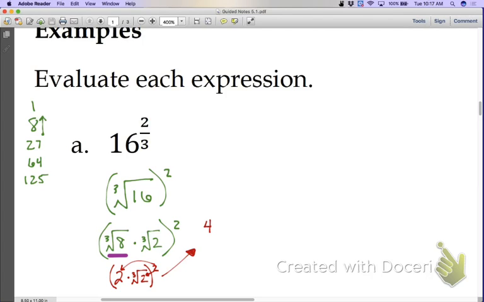What's 2 squared? 4. So I'm going to have then the cube root of 4. That's my final answer. That 2 goes on the outside with the big 2, and it goes on the inside with the other 2. It'll hit everything except for the root.